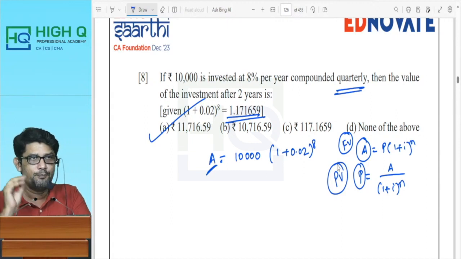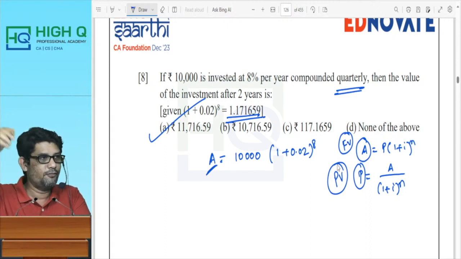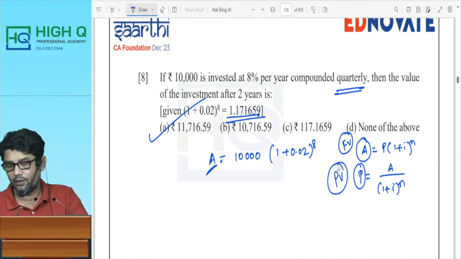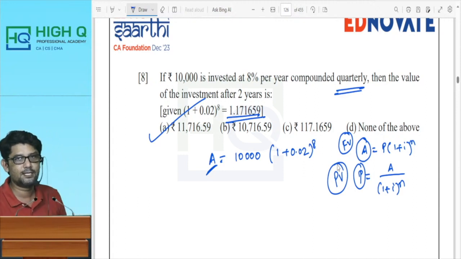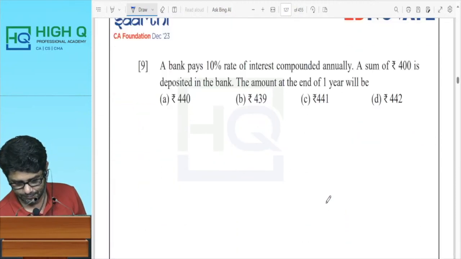You should think out of the box, then only you can go up to 80, 90. If you just keep on thinking about the original method, it is going to kill our time, my dear. So please follow what I'm saying. Next.